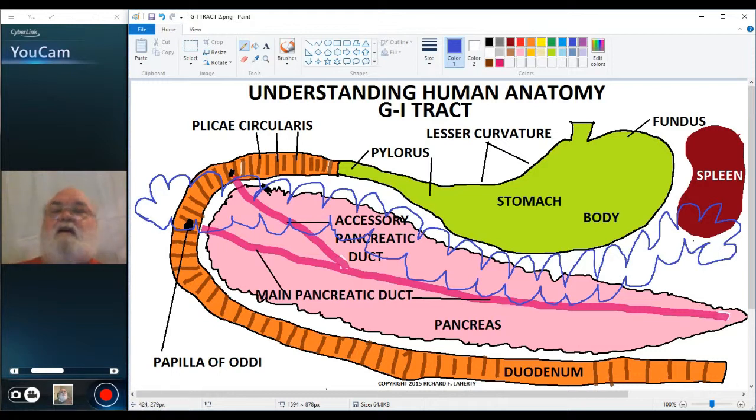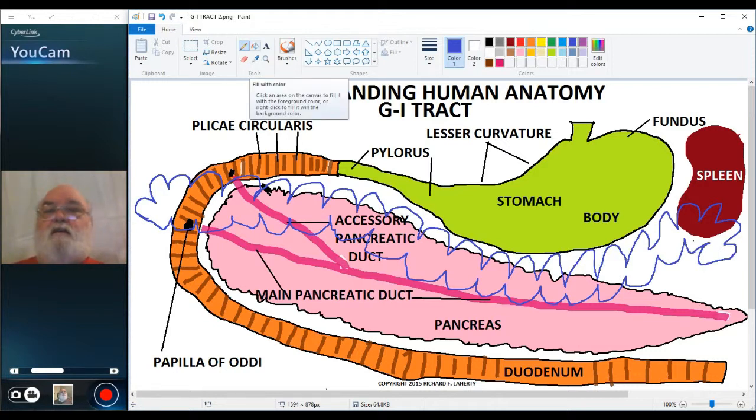And I've cut off the ascending and descending colons in this diagram because they would be very posterior on the posterior body wall, so they wouldn't really be seen.